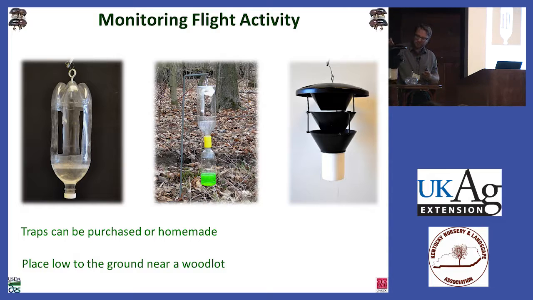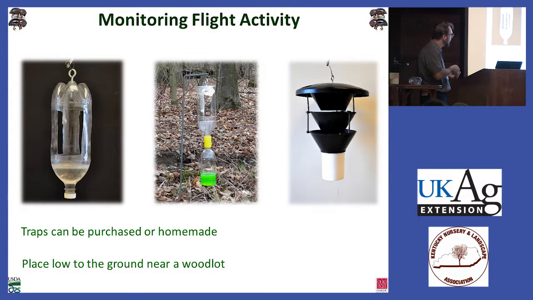I should mention this is another trap. This is called a Lindgren trap that you can purchase commercially. It's very common for forestry applications for bark beetles, and it can be used for ambrosia beetles, but it's very expensive, and I think that using a bottle trap is really, in this case, an opportunity to save some money.